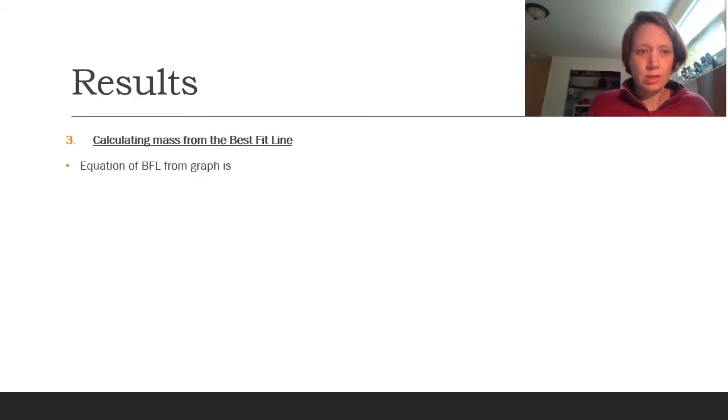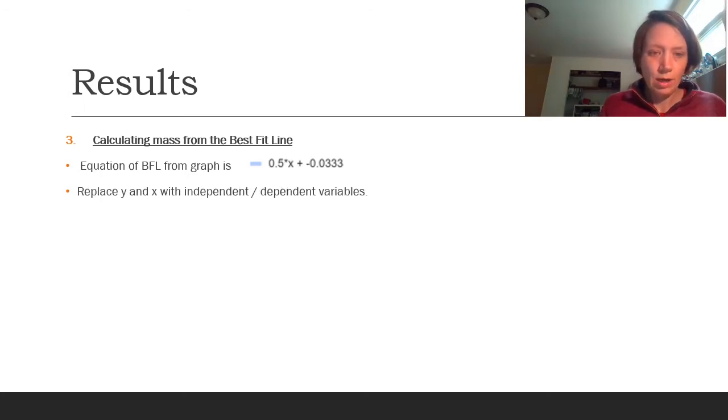All right, so we just got from that last slide where we had our best fit line and we made it print an equation for us of 0.5 times x plus negative 0.0333. I'm going to rewrite that little equation. This equation is actually y equals mx plus b format, but it doesn't write the y in for you. I wish it did. But this is y equals m times x plus b for my linear regression.